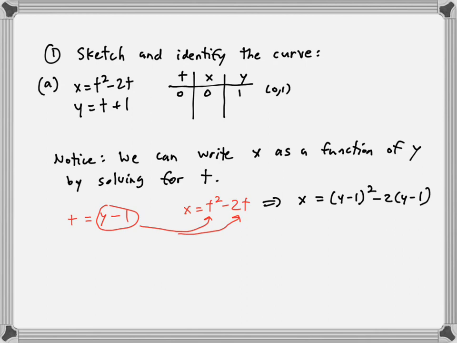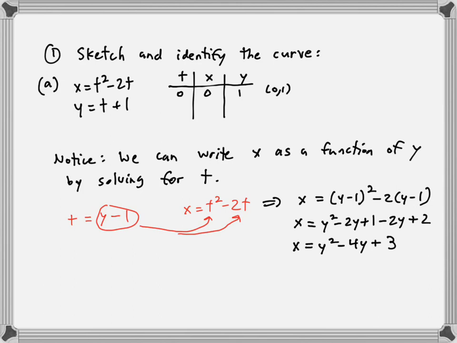Let's simplify all of this, because right now we don't exactly know what curve this is going to be. If I square this out, I get y squared minus 2y plus 1, and then minus 2y plus 2. So this ends up being x is equal to y squared minus 4y plus 3.